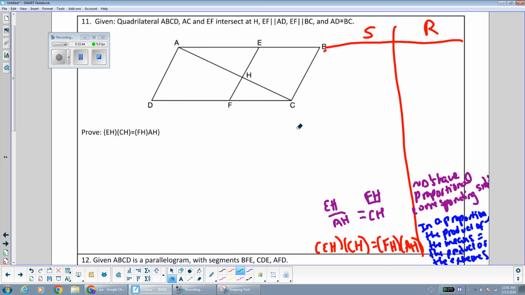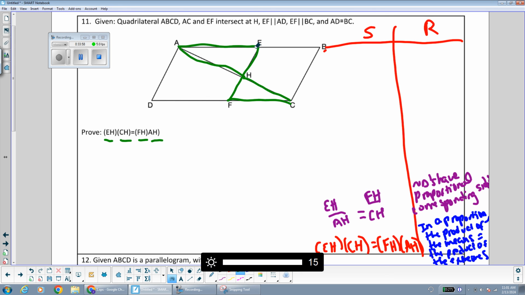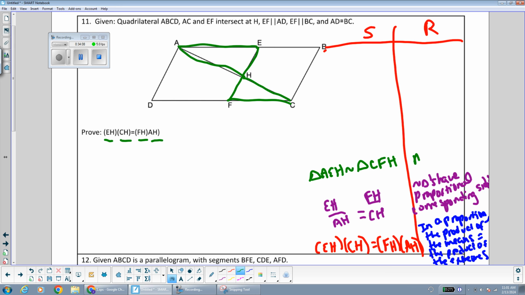So that's when we're going to look at our proof statement. EH, CH, FH, and AH. So I see that the segments in my proof statement are coming from the smaller triangles. So I know my goal is going to be to prove triangle AEH similar to triangle CFH. And I know since this is a two-column proof with no numbers, it's going to be through AA.